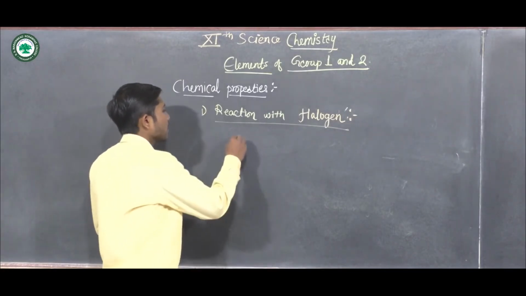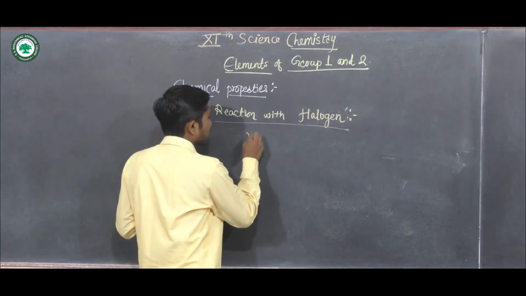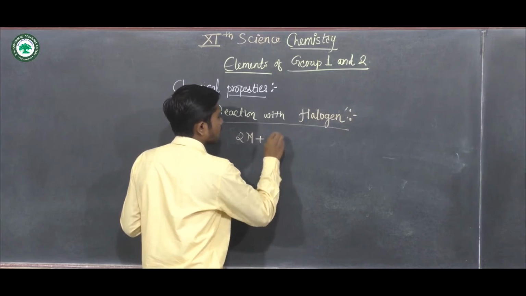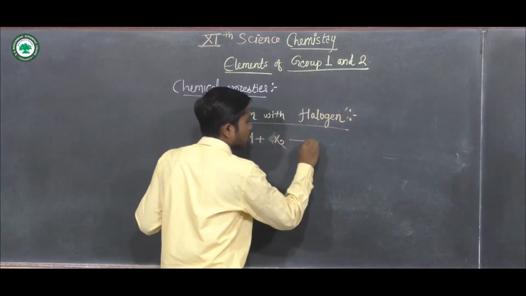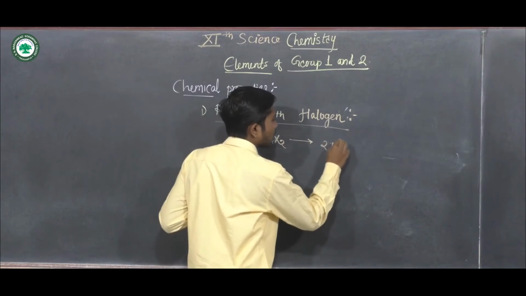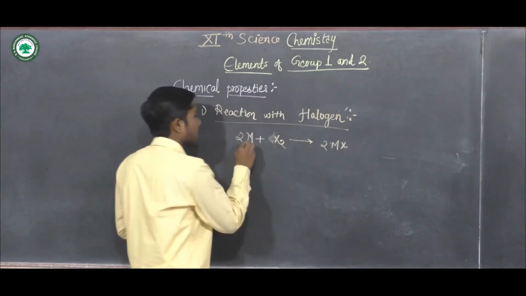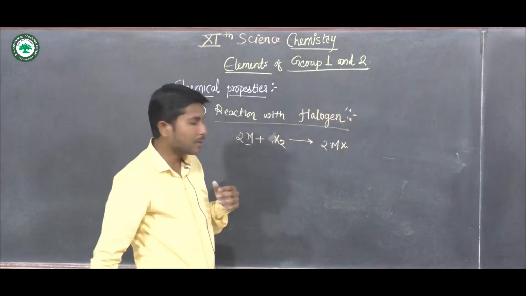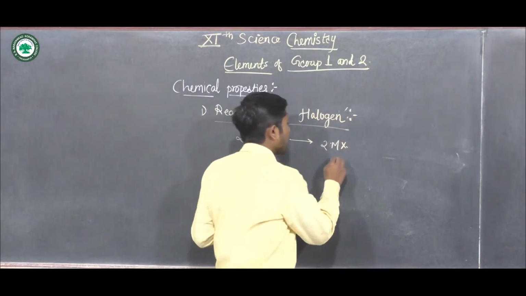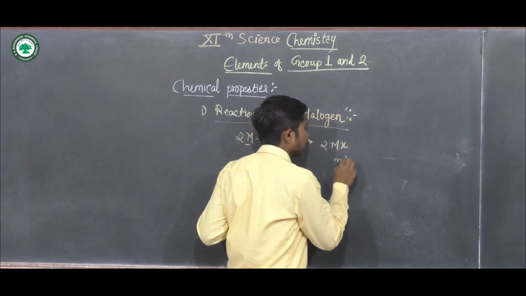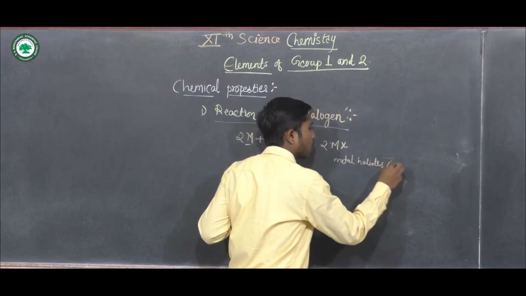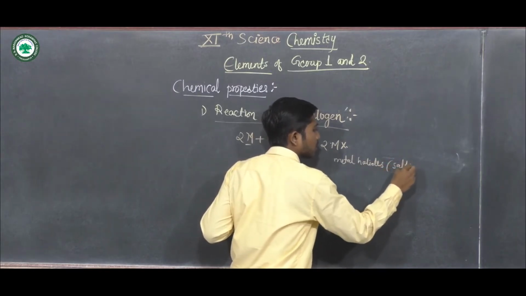Means what? When these metals react with the halogen, this is the general reaction, there is a formation of MX, where M represents the alkali metals, X we know is the halogens, and these are the metal halides or salts.